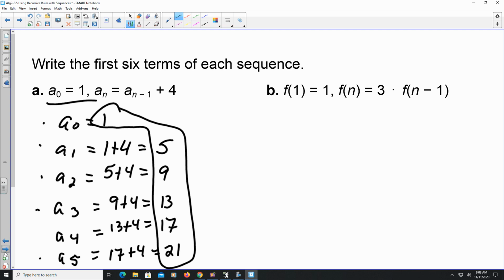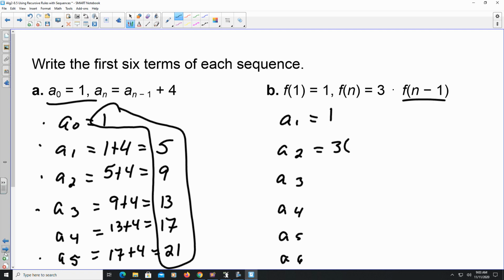For part B, they say f of 1, but I'm going to call this a sub 1 to keep it consistent with what we've been talking about throughout this chapter. They give us a sub 1, which is 1. Here, it's going to be 3 times a sub n minus 1.